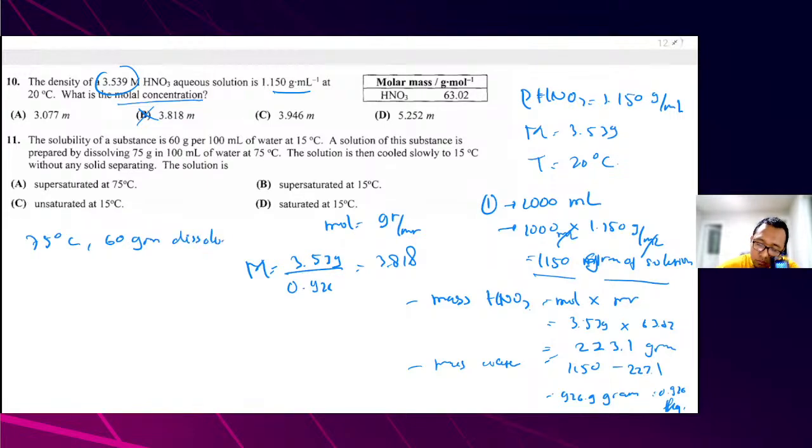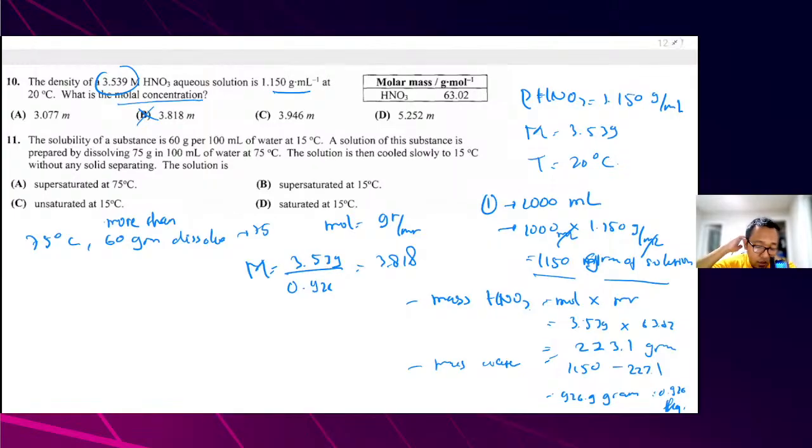So 60 gram will dissolve at 75 degrees. Okay, so more than 60 gram can dissolve because at 75 it can dissolve very well.